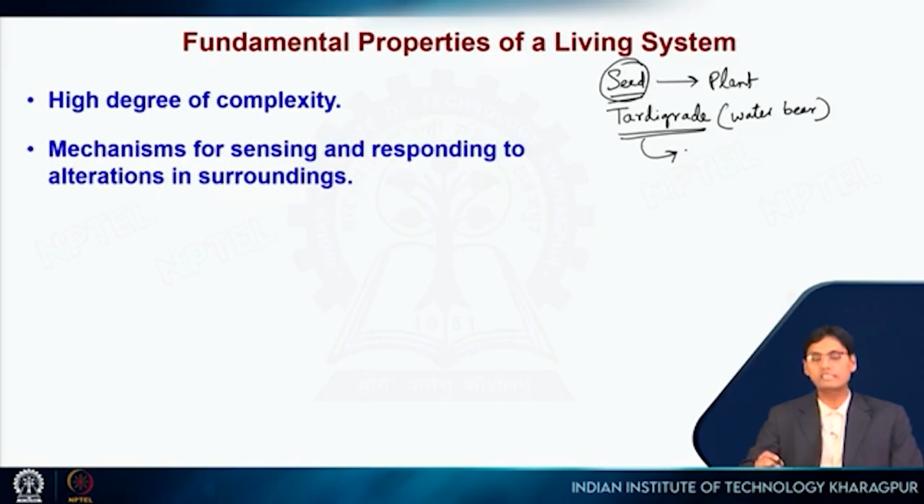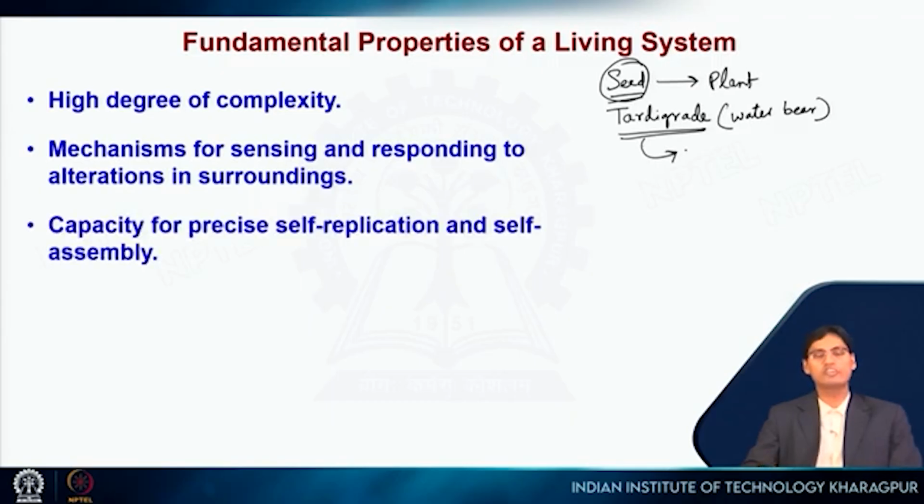For example, as I mentioned with the seed, whenever we give some condition, for example water, then the seed will germinate. So it can actually respond to alterations in the surroundings. And then, the capacity for precise self-replication and self-assembly. This is very important because any living entity, any living unit, will try to make its offspring so that the line can survive.